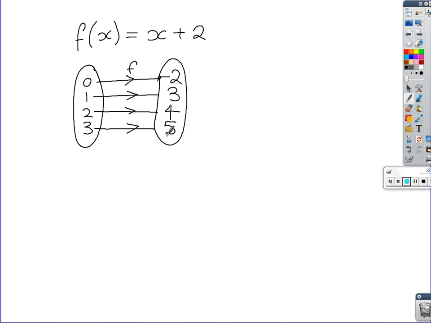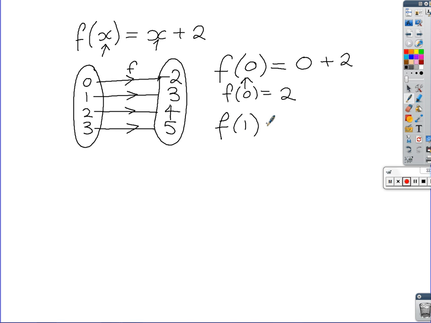Now this is a basic example, but if the function was more complicated, we can write f of 0, that means x is 0, so x is inside the bracket here. Now we write 0, and we substitute 0 where we see the x, that's 0 plus 2. So that means f of 0 equals 2. We'll repeat this process for each number going in, or in the domain. So f of 1 is equal to 1 plus 2.